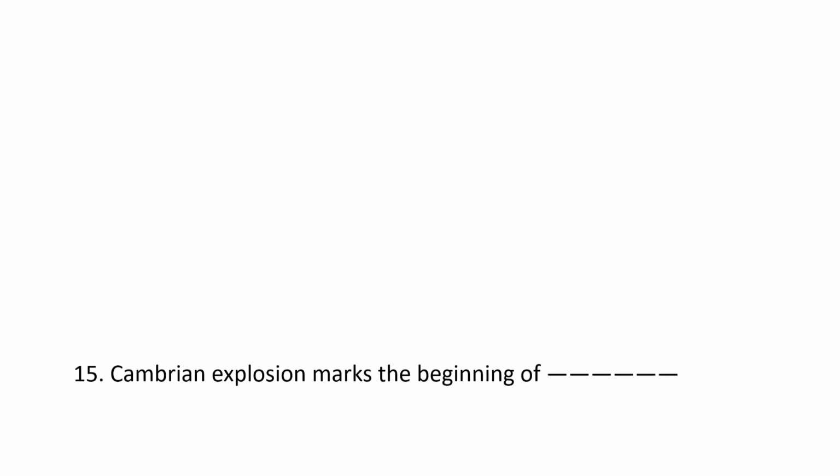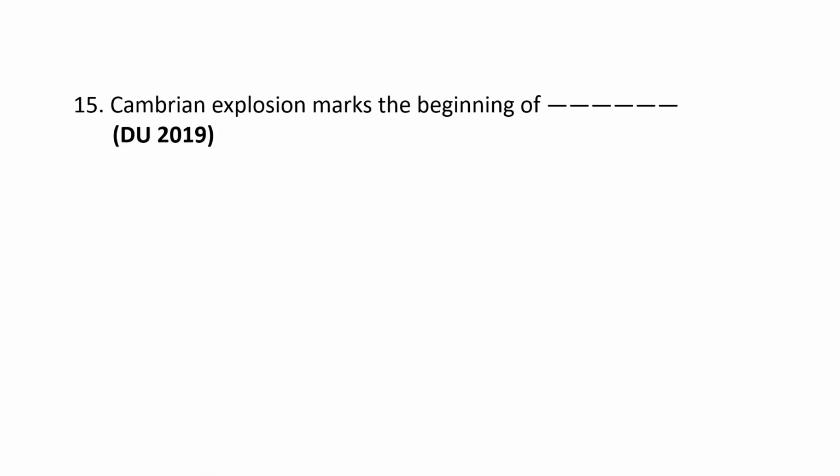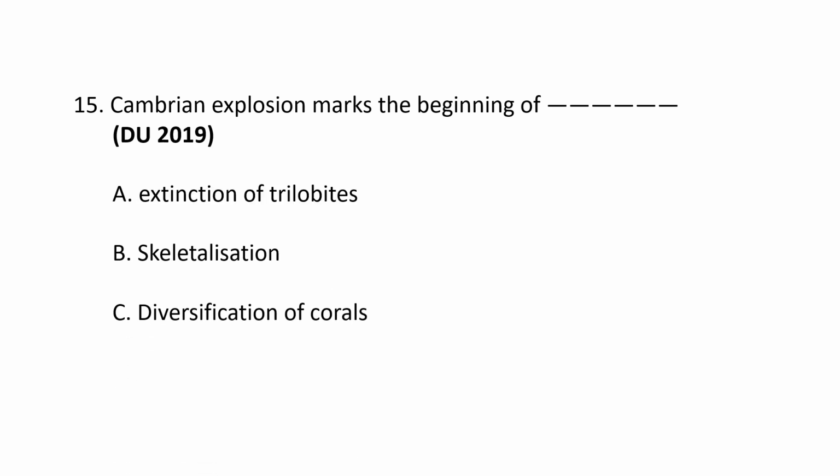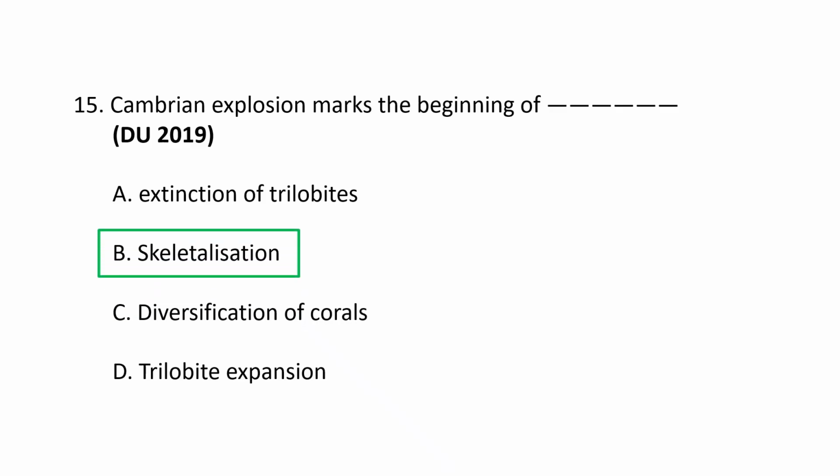Next question. Cambrian explosion marks the beginning of A. Extinction of trilobites, B. Skeletalization, C. Diversification of corals, and D. Trilobite expansion. The Cambrian explosion marks the beginning of widespread appearance of skeletons and hard parts in the fossil record, which is a pivotal event in the diversification of animal life, though evidence suggests that soft-bodied organisms existed before this period.